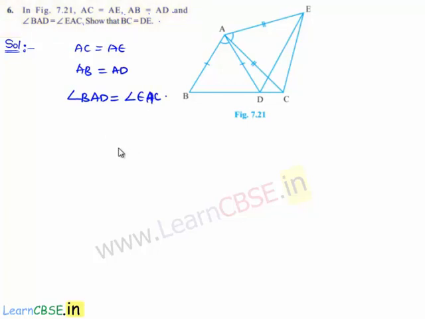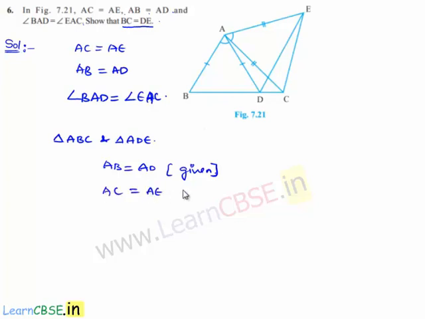Now, to prove that BC is equal to DE, let us consider the triangle ABC and triangle ADE. In this, AB will be equal to AD, which is given, and also AC is equal to AE, which is also given.